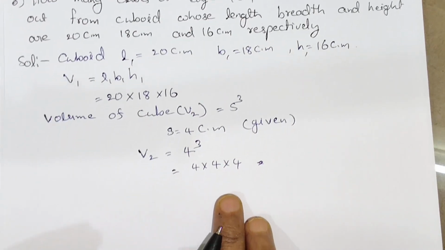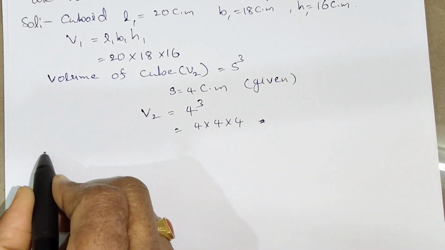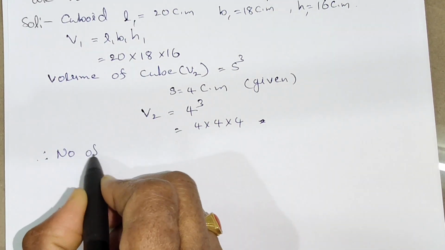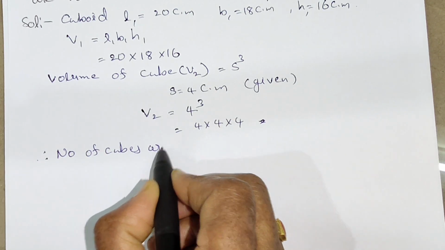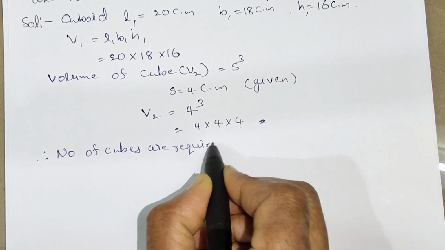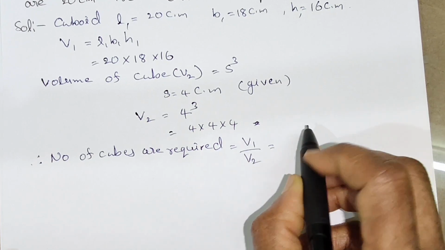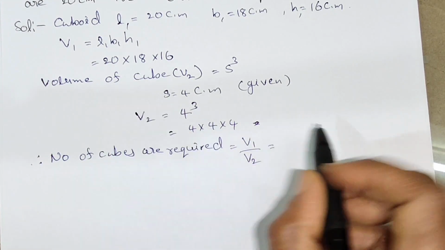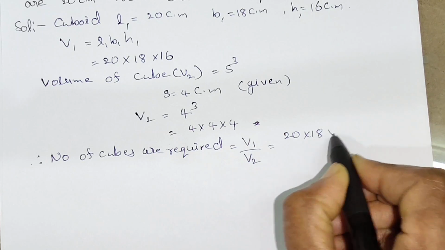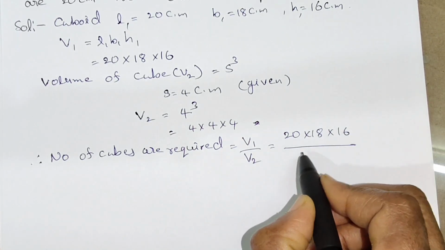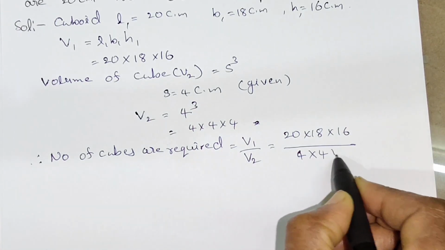So now the number of cubes required equals V1 by V2. The V1 value is 20 into 18 into 16, divided by V2, which is 4 into 4 into 4.